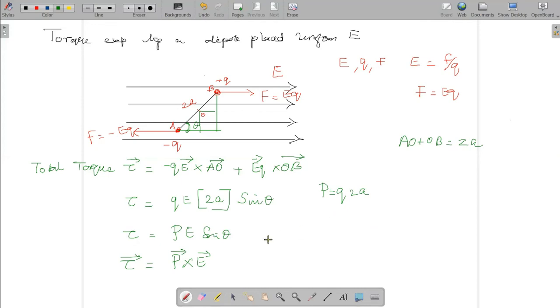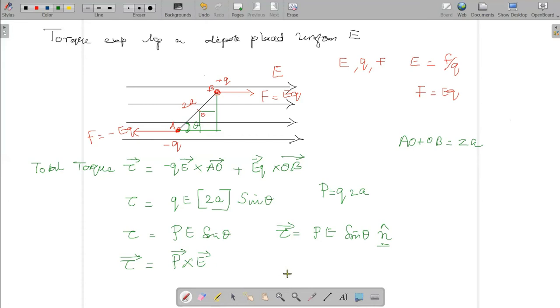The most important thing is, when you expand, magnitude of P, magnitude of E, sin theta, and the resultant will go along a unit vector which is perpendicular to P and E. The torque will act perpendicular to the P vector as well as the E vector, and this is the direction of the resultant. So for a cross product, the direction of the resultant is perpendicular to both vectors involved.